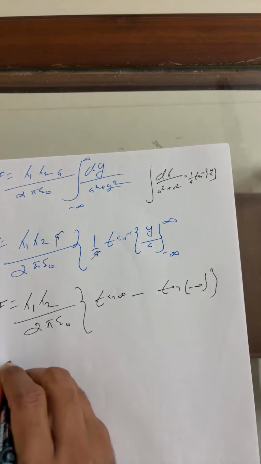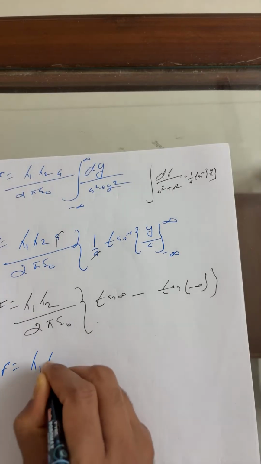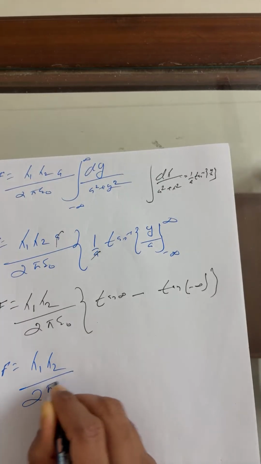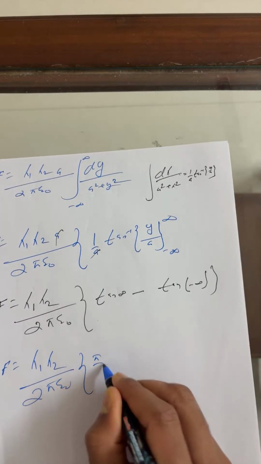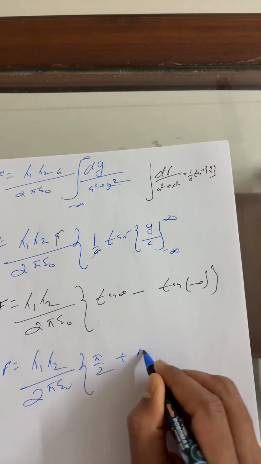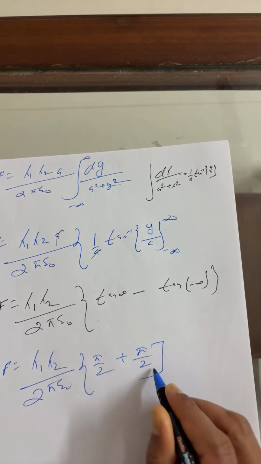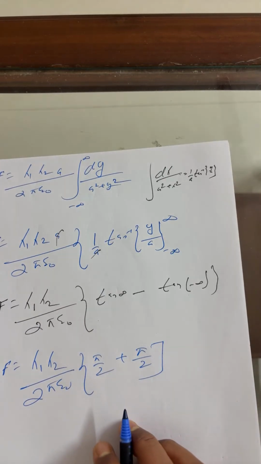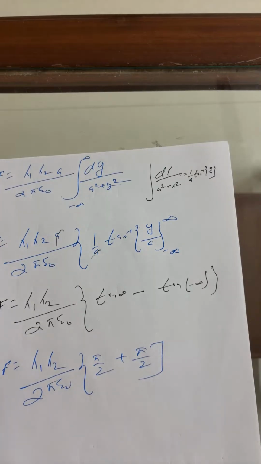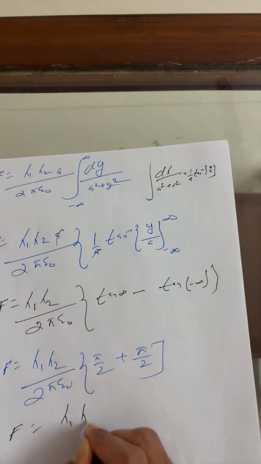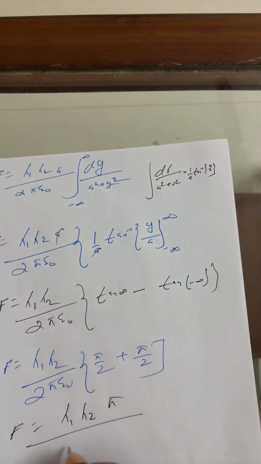So finally, you can write, my dear, lambda 1 lambda 2 upon 2 pi epsilon naught. This is pi by 2, minus minus plus pi by 2, so what remains is pi. So F is equal to lambda 1 lambda 2 pi upon 2 pi epsilon naught.